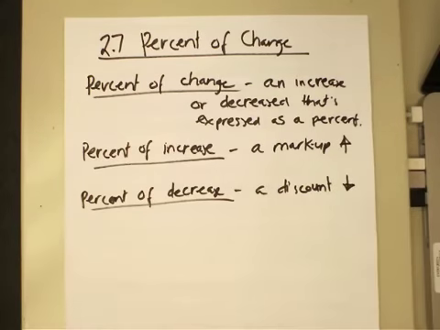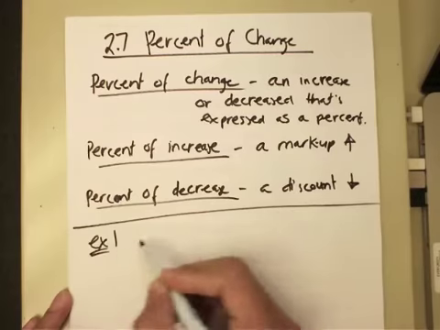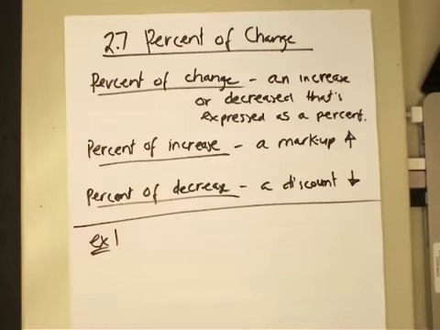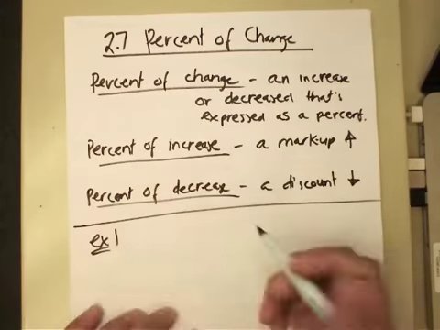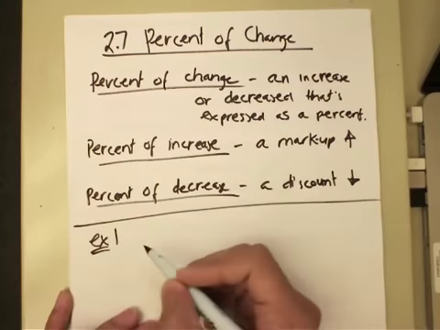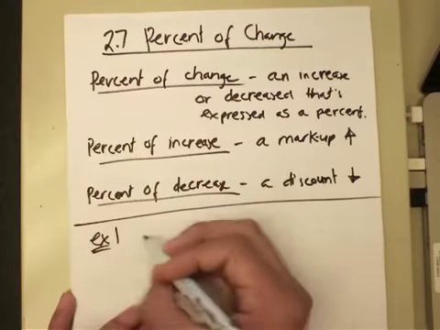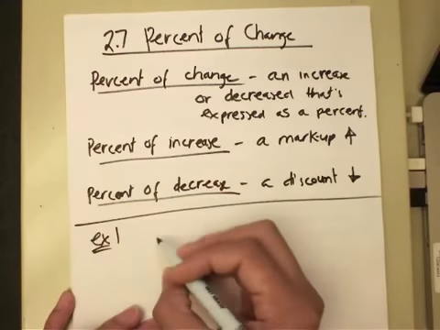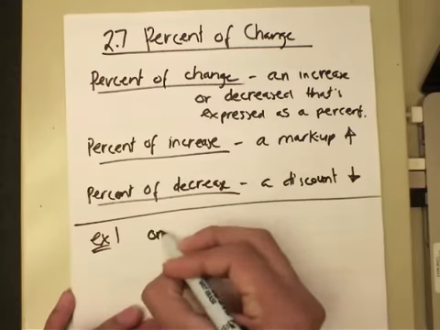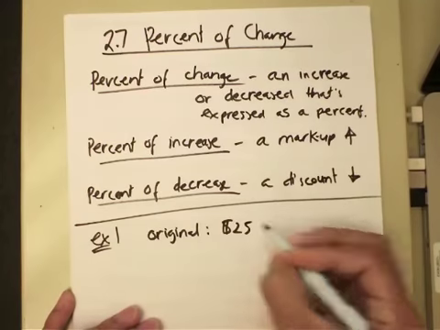Now we're going to have a few examples for you today, and let's start with one. Here's example number one. Imagine you're trying to sell an item that you possess for quite a while, and that item is worth $25. So the first thing to think about is the original cost, $25.